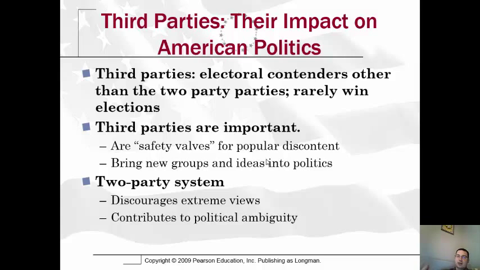Now, if the Tea Party ever became its own political party, then the Tea Party could just focus on extreme issues if it wanted, without worrying about how to run a government.